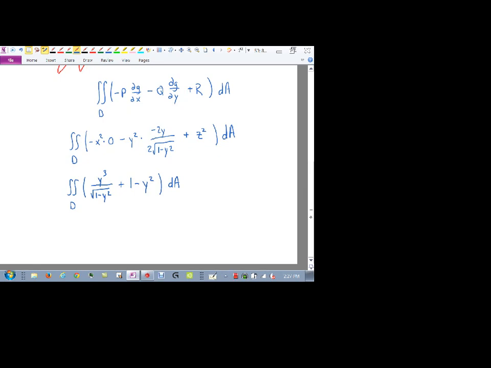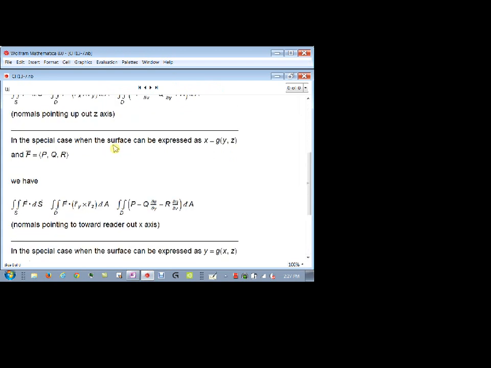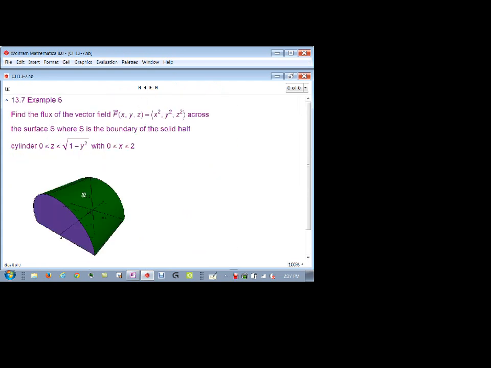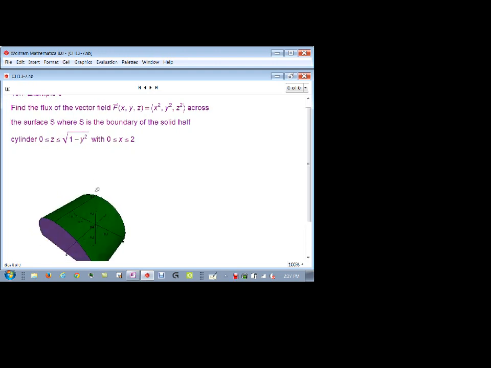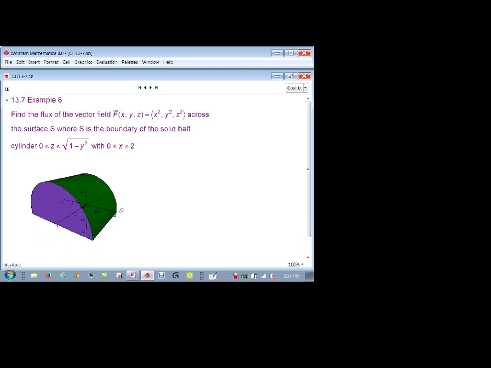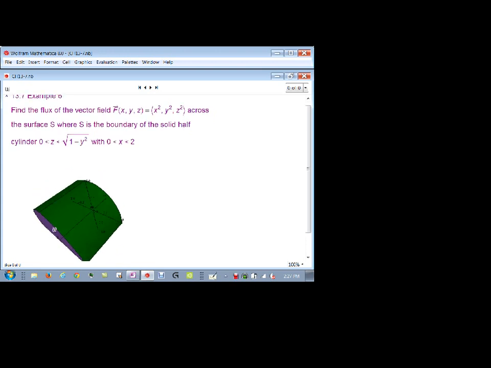Now let me get my hands around the region here. D is the restrictions on x and y. That's a rectangular region, isn't it? When we come back over here and we look at this green surface up top, we look at its projection down, we have a rectangle. My x's are between negative 1 and 1. My y's are between 0 and 2. No, other way around. My x is between 0 and 2.